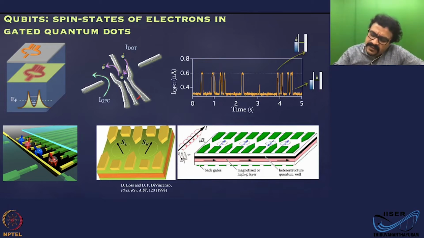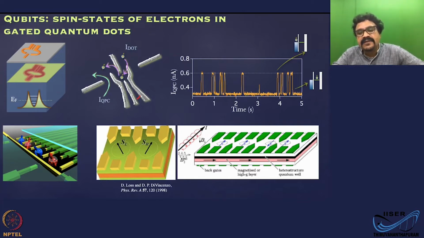So based on this proposal, there are mainly two kinds of qubit architecture. What Loss and DiVincenzo told initially is you have these quantum dots. You can store one electron in the dot, and you can use the spin state of that electron to store and manipulate information. That's the idea in a nutshell.